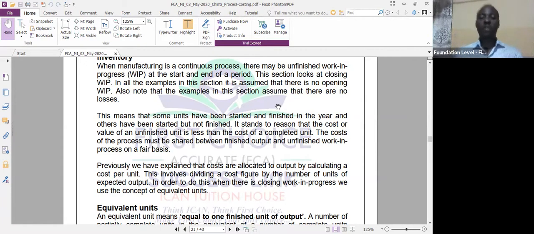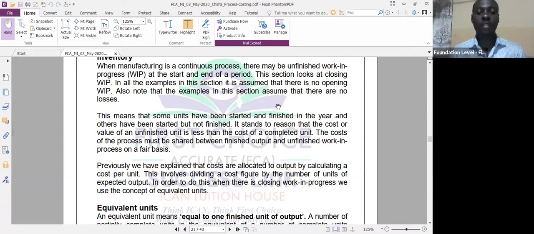So we did something like inputs, we remove normal loss, that is the expected output. So when we have an expected output, we divide the total cost incurred in the input by the expected output to get our cost per unit figure.